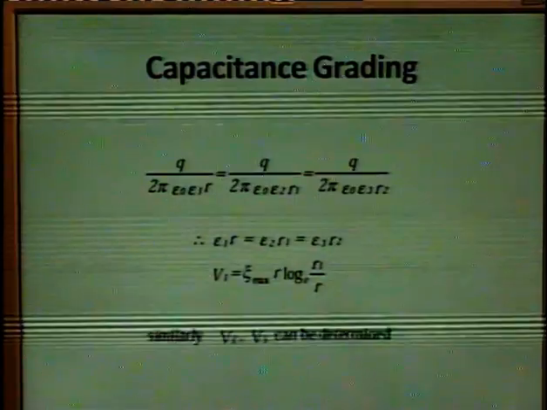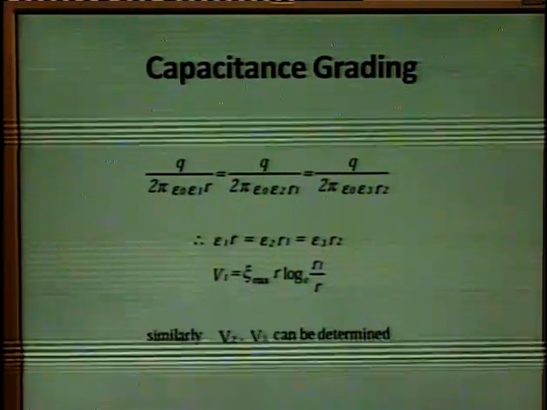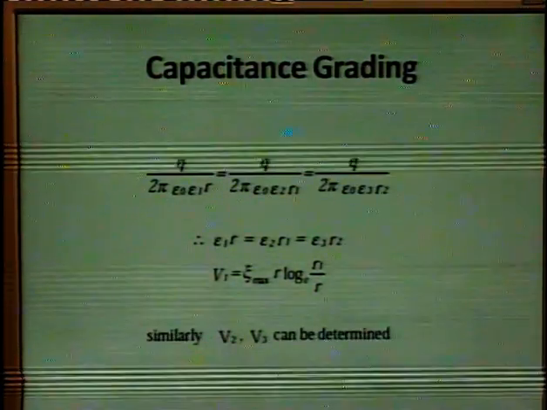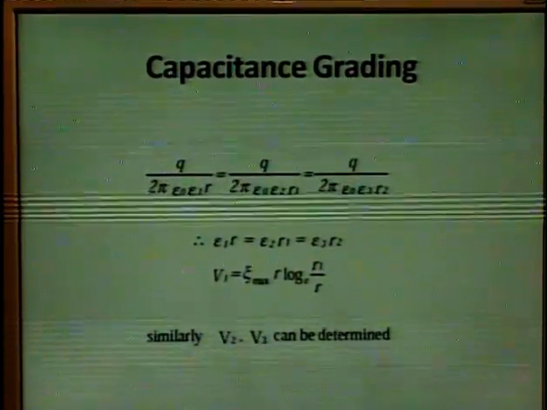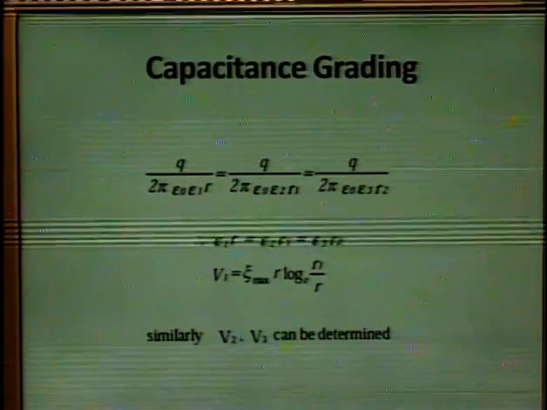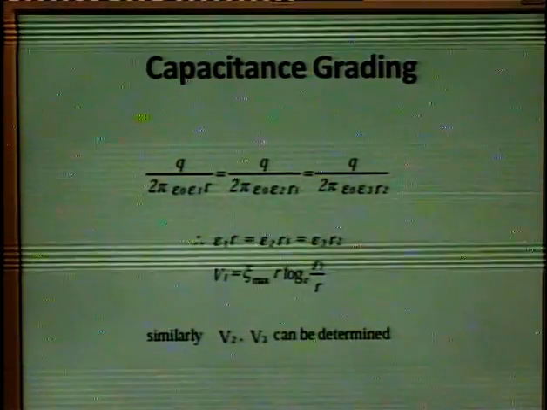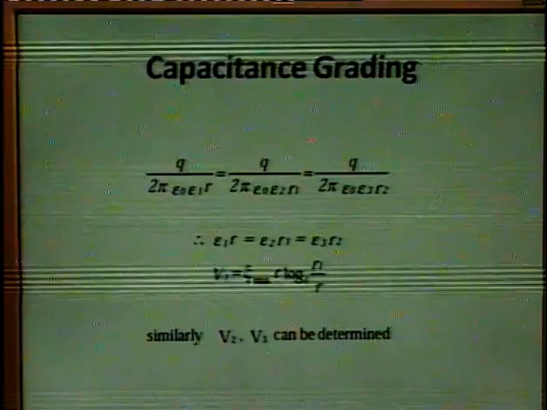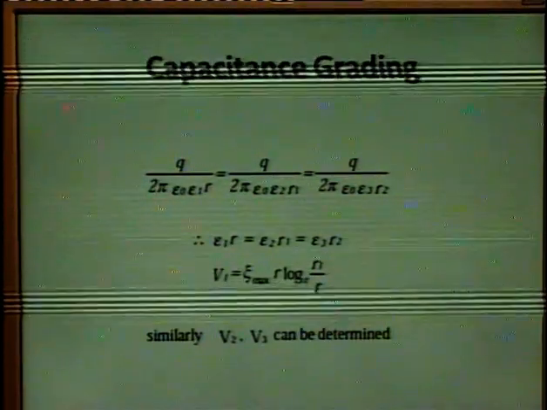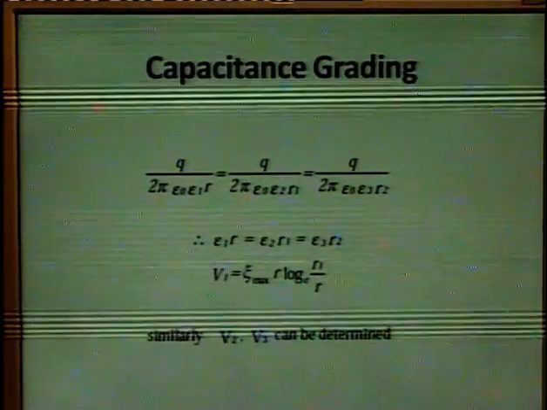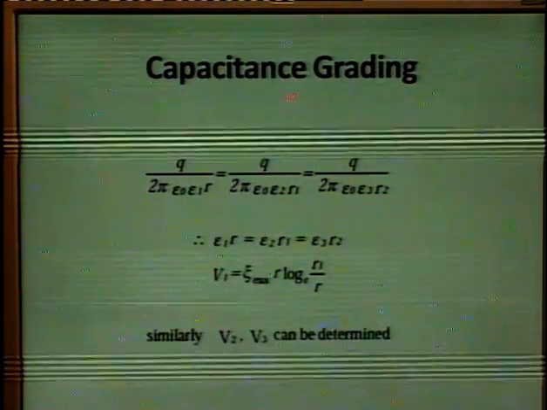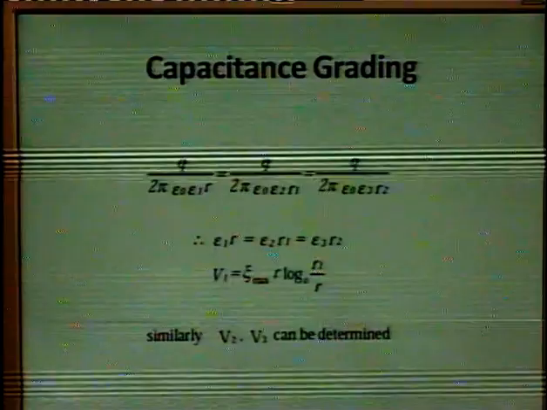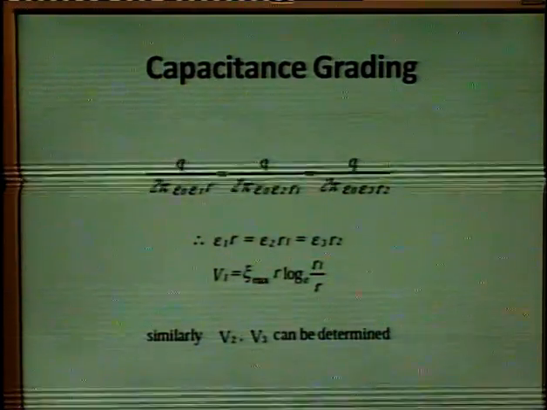So when we compare all these three permittivities, V1 is equal to ζmax r loge(r1/r). So this is the capacitance grading method from which we can obtain the voltage of the first layer. Similarly, V2 and V3 can be determined.